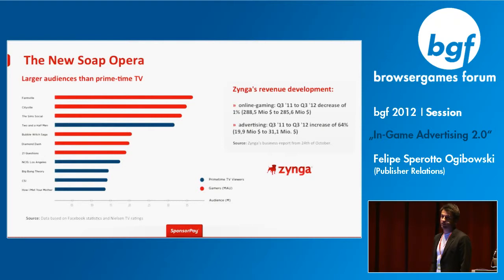They're buying traffic like crazy, and still looking into that, they've actually decreased their revenues from Q3 2011 to Q3 2012 by 1%. But when you look at the revenues from advertising, so the revenues they're making from those 90% plus users that are not paying at all, they've increased by 64%.